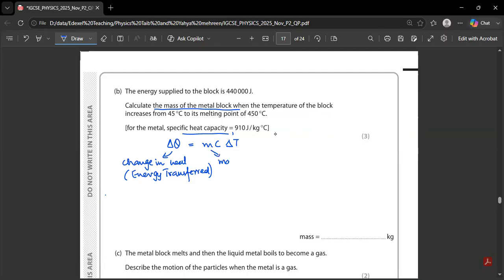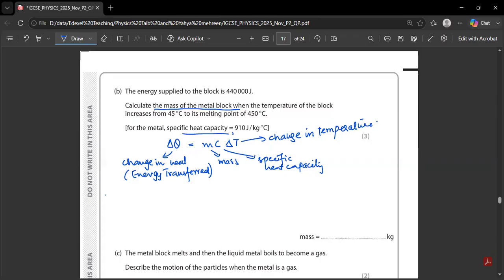And this is mass, and this is the specific heat capacity, and this is the change in temperature. And make sure that there should be no change in state, okay?